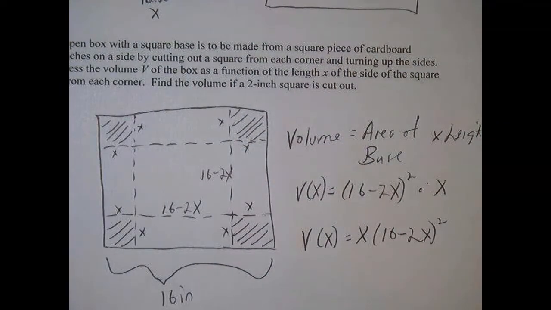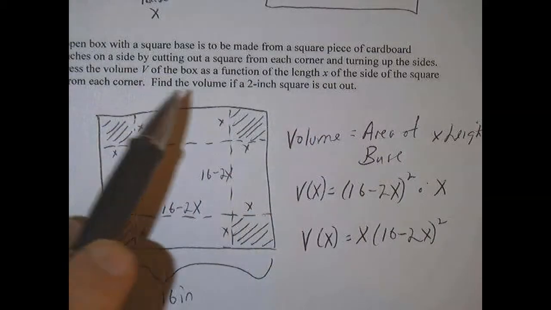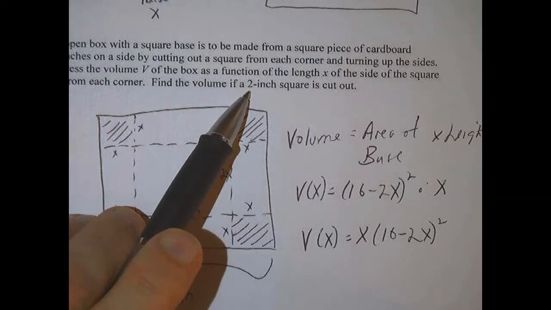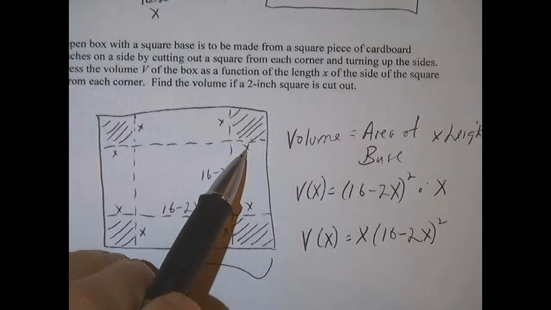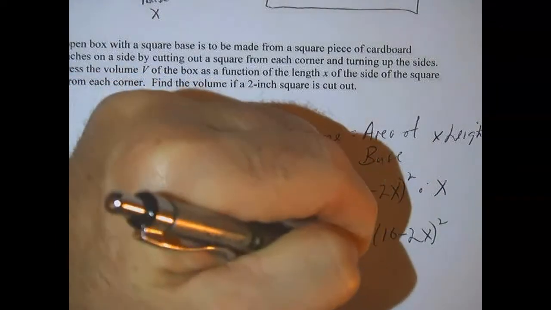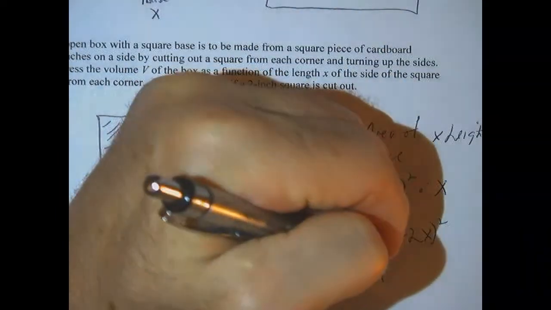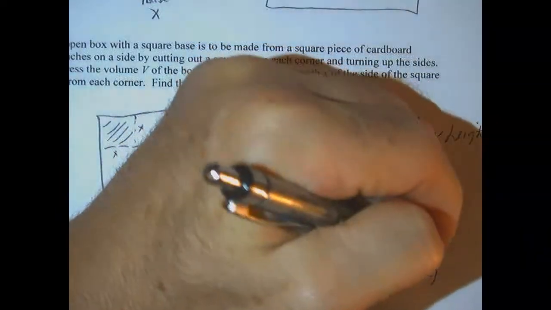Okay, so let's see what it says. We've expressed the volume of the box as a function of the length of the sides cut out. Find the volume if a 2-inch square is cut out. That means if x is 2 inches, so we're just going to find V of 2. 2 times 16 minus 2 times 2, squared.